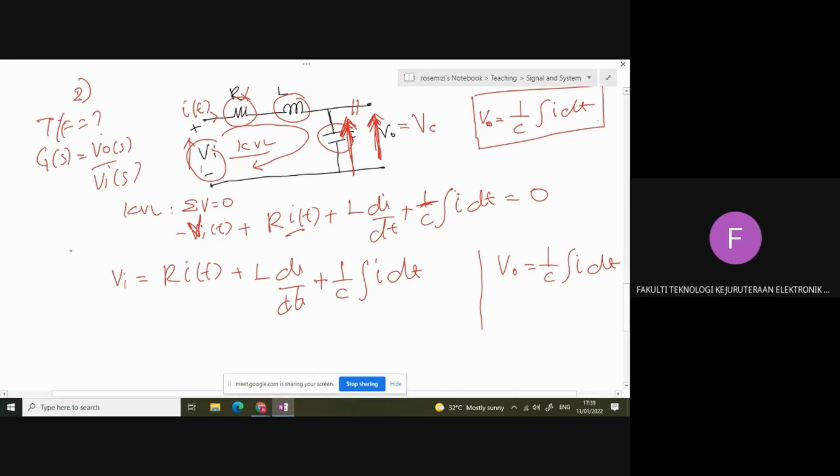So now next we change from the T domain to the S domain by using Laplace.